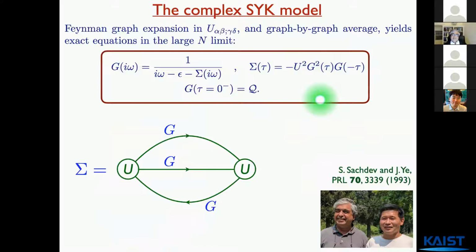In the large N limit, there's a self energy, which is just given by this one single graph. It's sometimes called the melon graph, because if you have the generalized SYK Q model, then there's a Q minus 1 line rather than 3 lines, and then it looks more like a melon. Anyway, so this Sigma is just G cubed, where this G is the full Green's function.